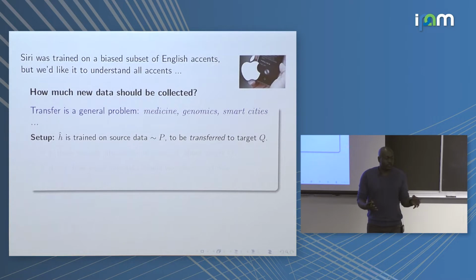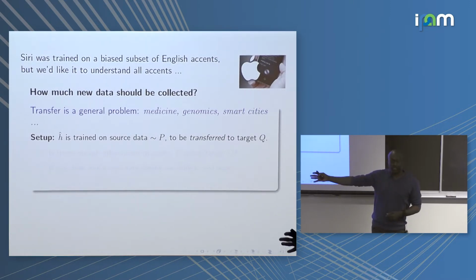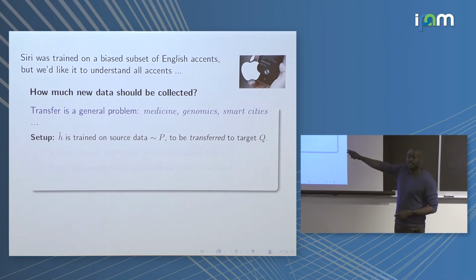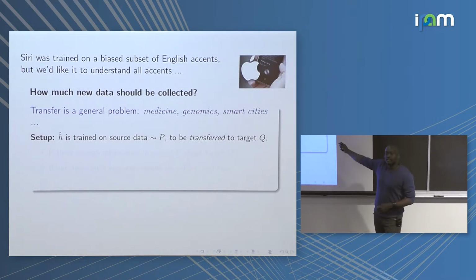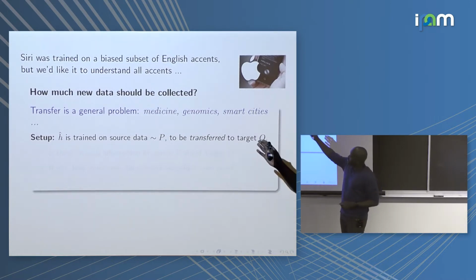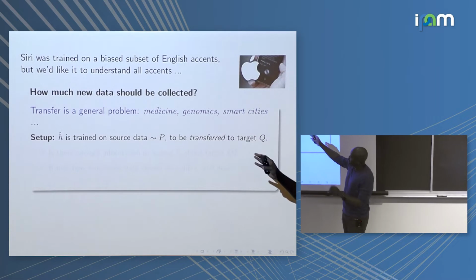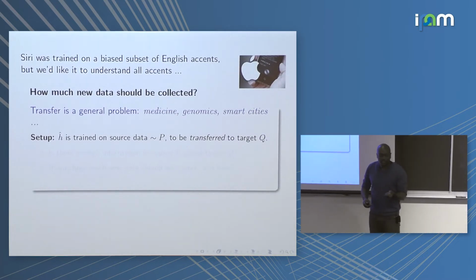So I'll have this notion of source data that you've collected, and P will represent that source data. You train a classifier on P, that source data, and then you're trying to transfer to a target distribution. So we'll view the source data as being collected from a probability distribution, and the target being another probability distribution. Again, the question that will drive the talk is how much new data should be collected?